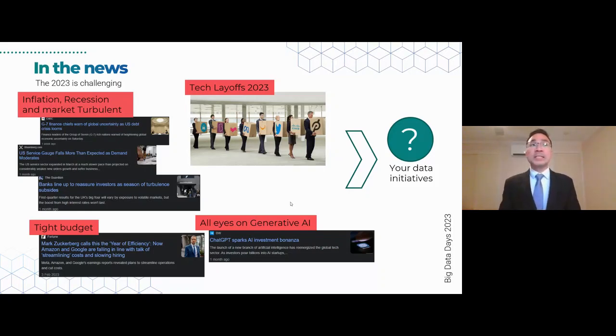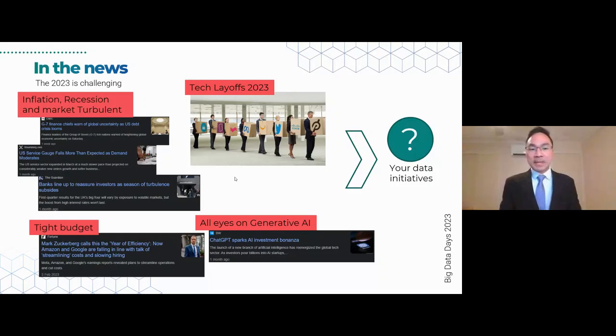The first is the bad news in terms of economics. We talk about inflation from Europe and America to Asia and Australia. Then we have witnessed a massive wave of tech layoffs in 2023. It is literally from east to west.